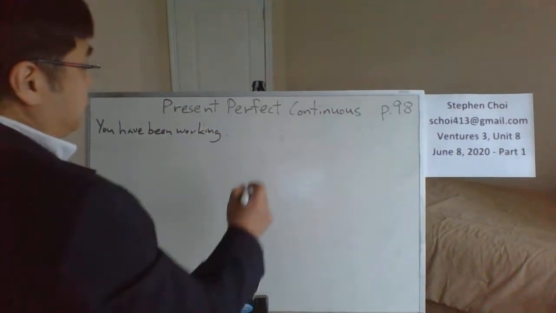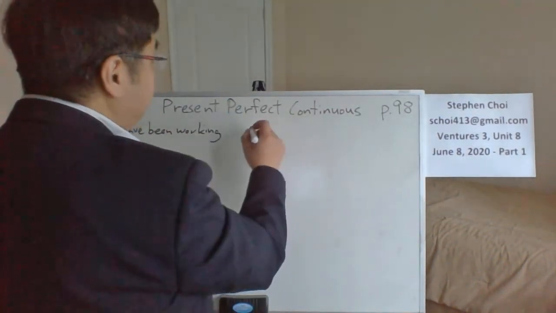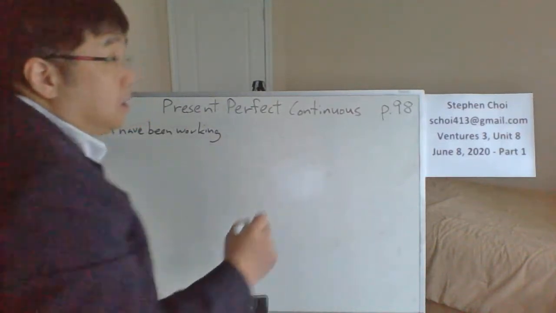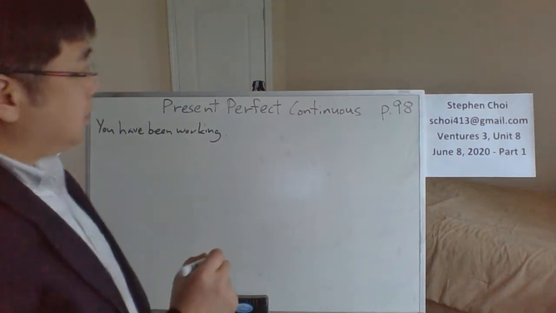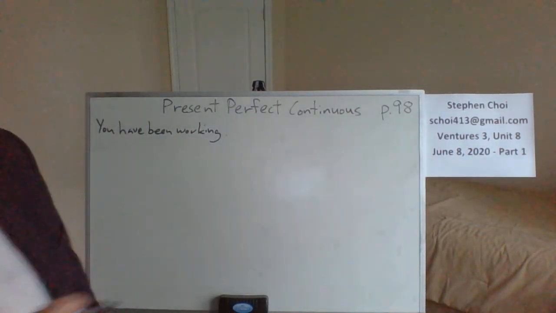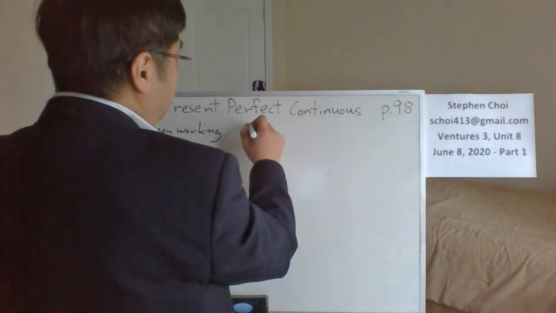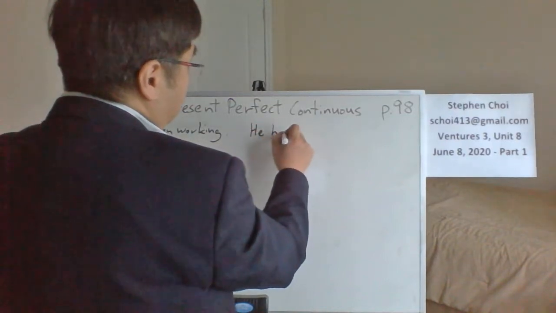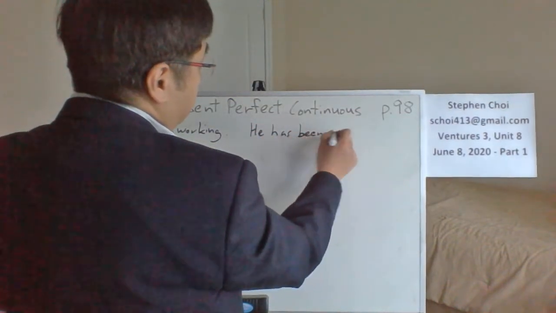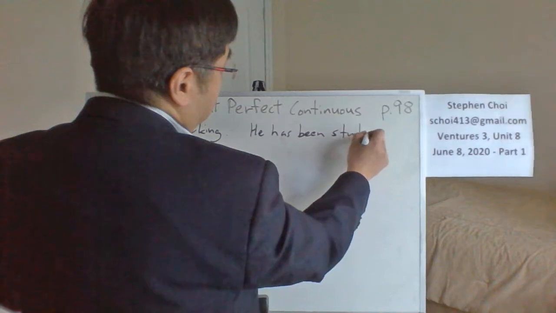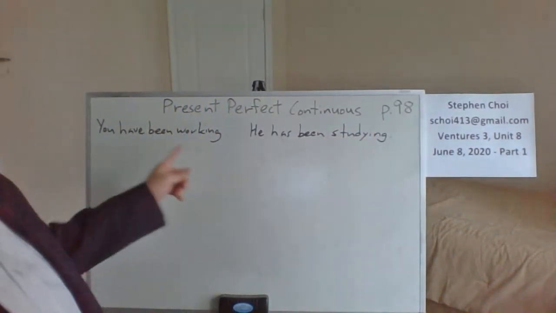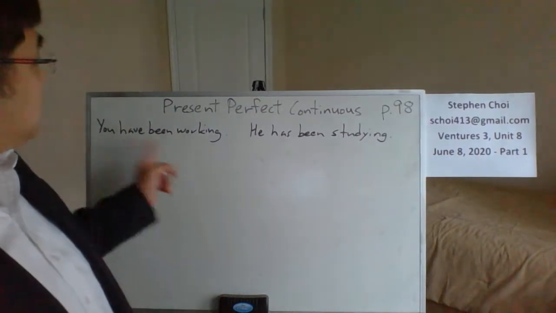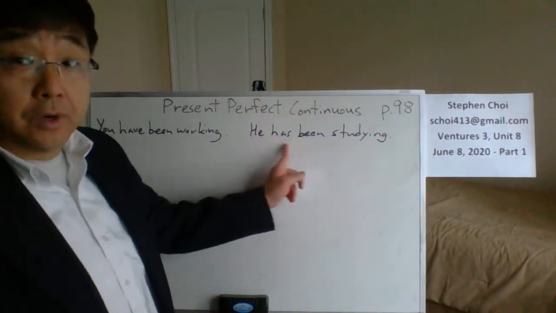Let's use a third person singular. He has been studying. How about that? He has been studying. So I just used second person and also third person just to do a has example.